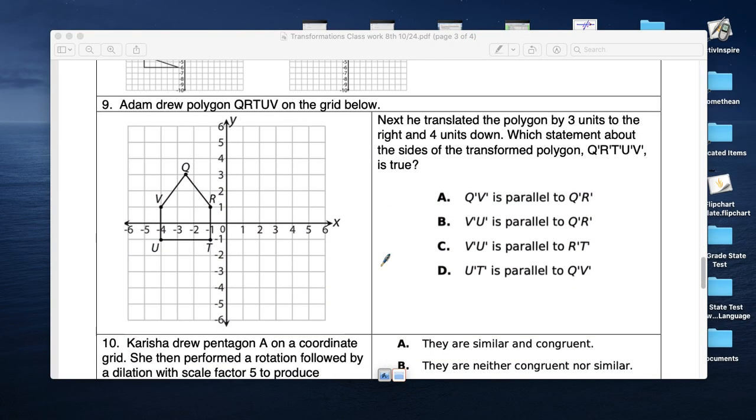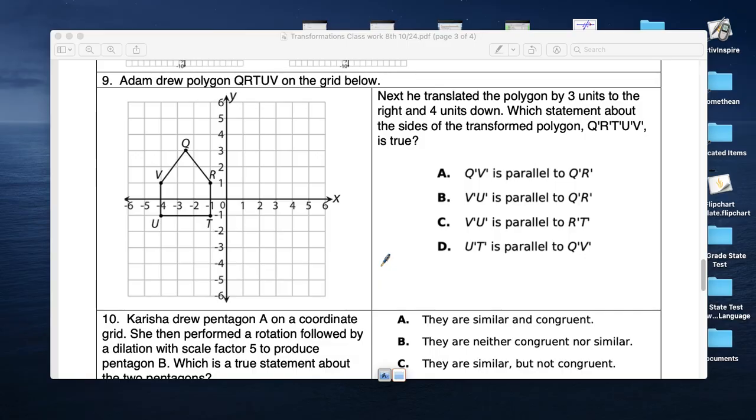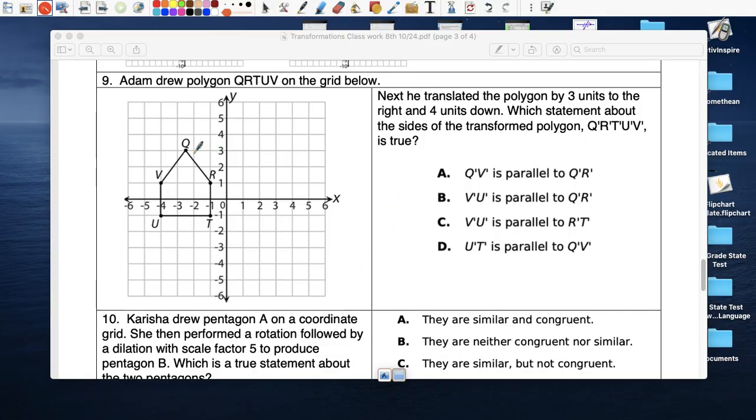Question 9. Let's translate that polygon 3 units to the right and 4 units down. 1, 2, 3. 1, 2, 3, 4. So there's point Q prime. R prime is going to be here. V prime is going to be here.